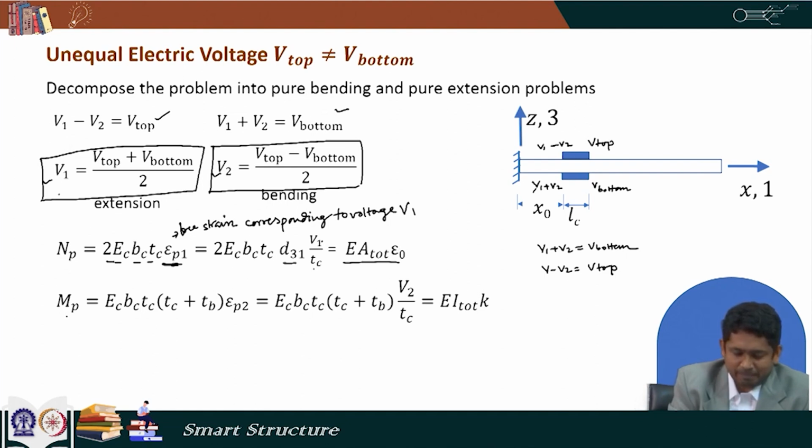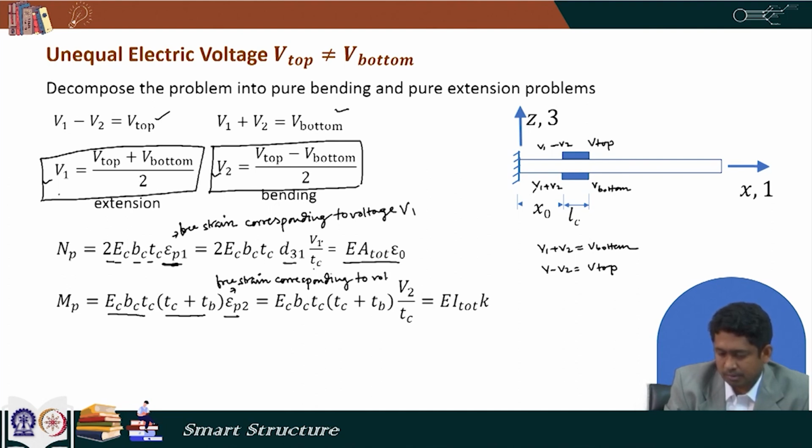Now we find out MP. MP is EC, BC, TC, TC plus TB epsilon P2. So epsilon P2 is free strain corresponding to voltage V2. So, we have epsilon p here, we have the opposite epsilon p here, and that creates a moment, and if we find out that moment we get this.